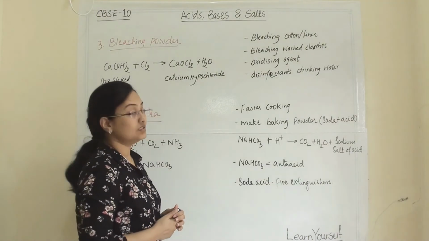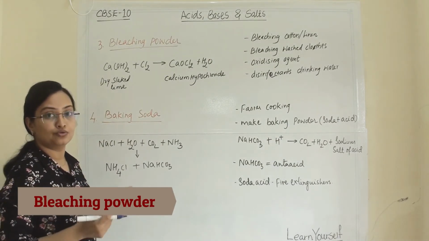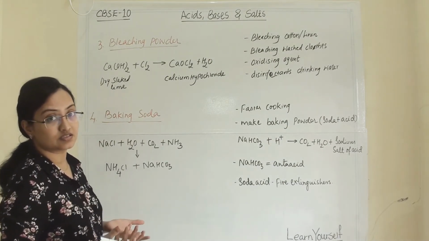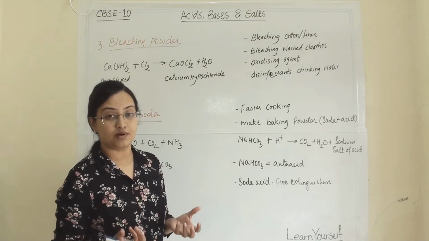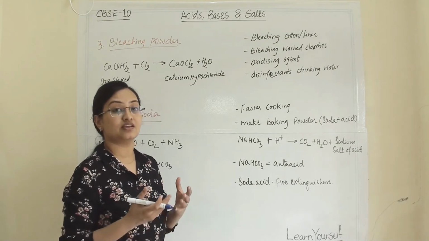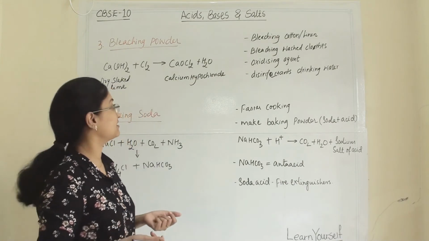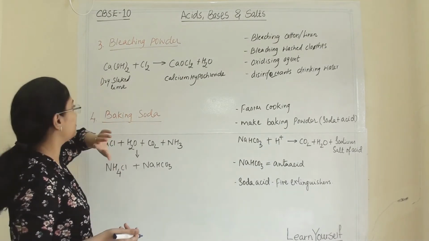So let us learn our third salt, that is bleaching powder. We all know bleaching powder is a reagent which we use to clean our bathrooms, tiles, and certainly we also use this as a disinfectant. So let us see how we can manufacture bleaching powder.